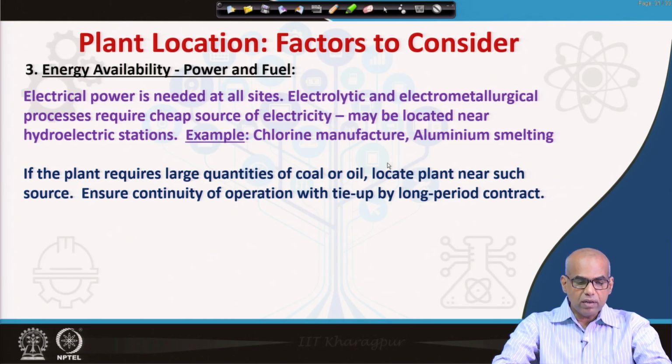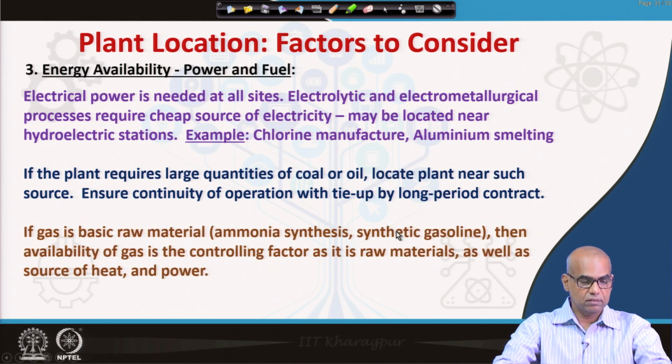If the plant requires large quantities of coal or oil, locate plant near such source. Ensure continuity of operation with tie-up by long period contract. If gas is a basic raw material such as in ammonia synthesis, synthetic gasoline, then availability of gas is the controlling factor as it is raw material as well as source of heat and power.